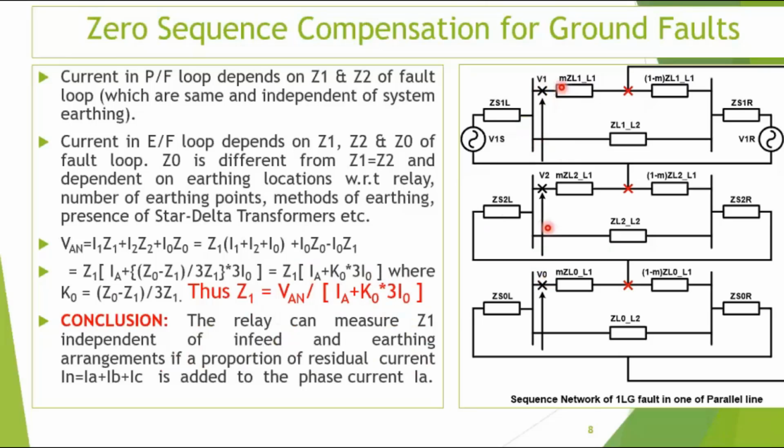And in that way, if a proportion of residual current is added to the phase current IA, then the relay can measure the proper impedance when a ground fault occurs on a transmission line. The proper impedance means the impedance between the fault point and the relaying point.